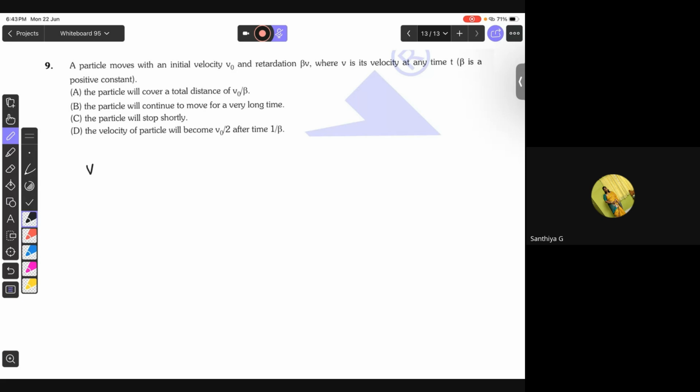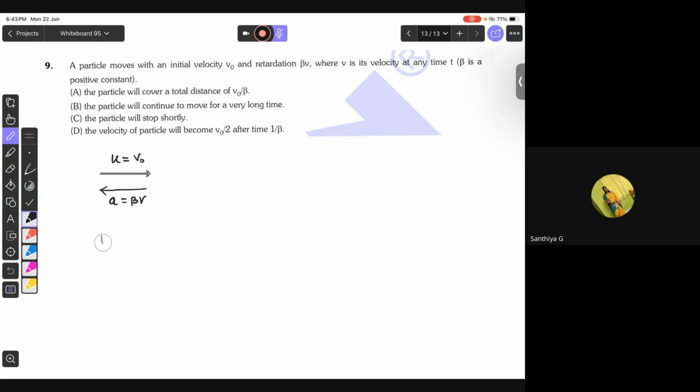So suppose the velocity direction I take as positive. And it is told it has initial velocity in the plus x direction, u is v naught. So acceleration will be opposite, beta v.